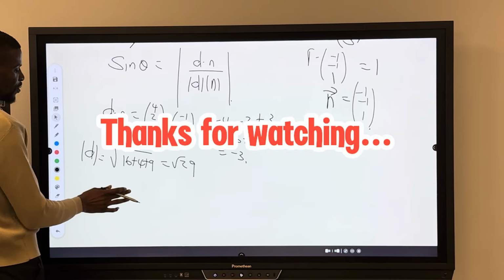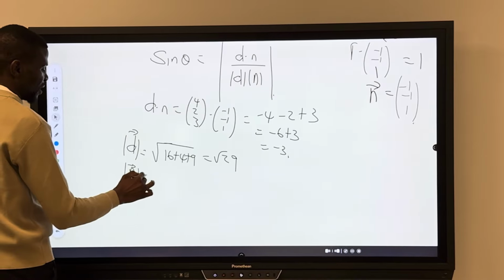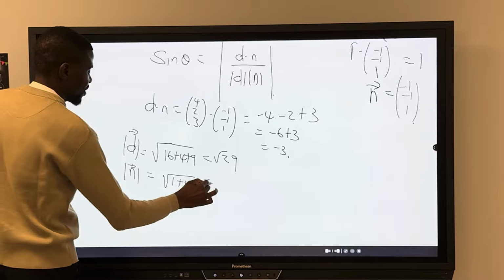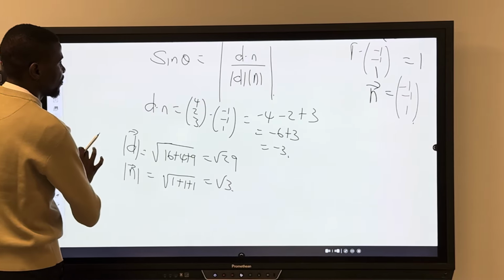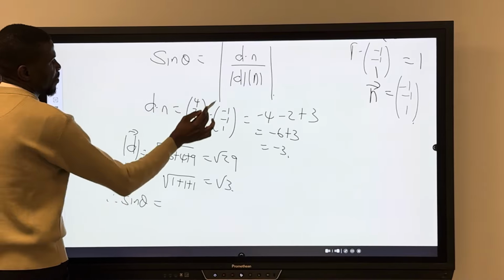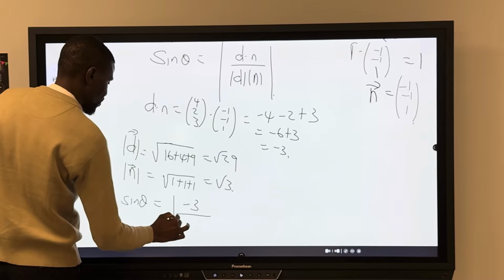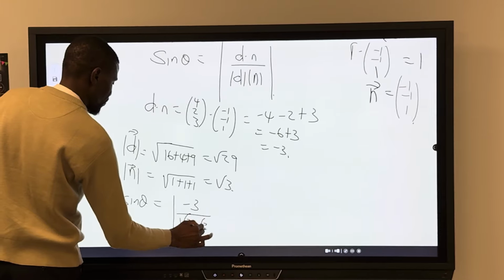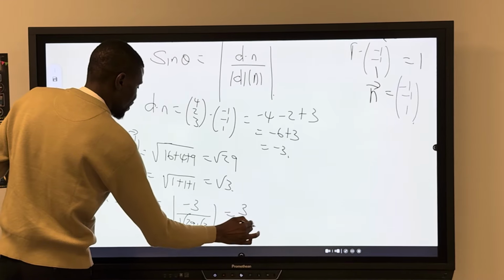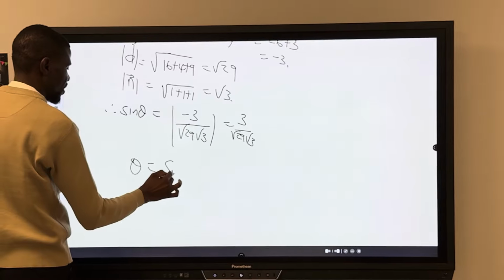And also we have the modulus of the normal, which is square root of 1 plus 1 plus 1, which is root of 3, right? So our sine theta is equal to, remember, we are taking the absolute, absolute of negative 3 over root of 29 root of 3, which is just 3 over root of 29 root of 3.